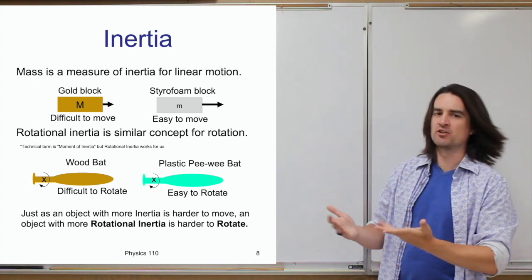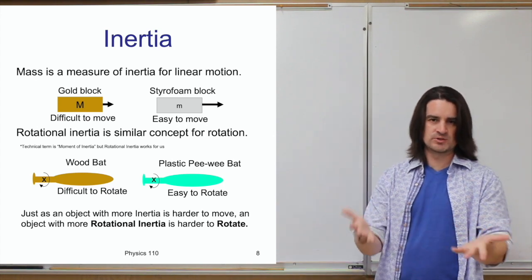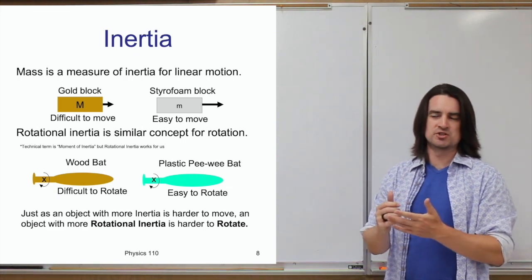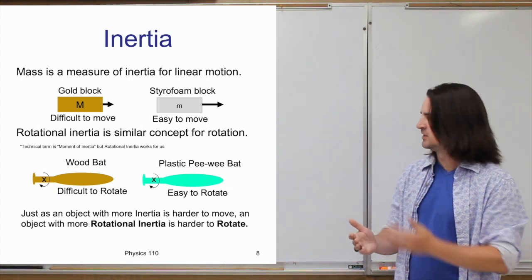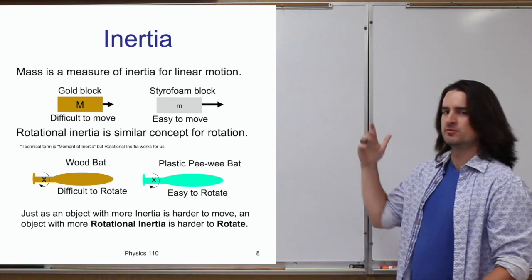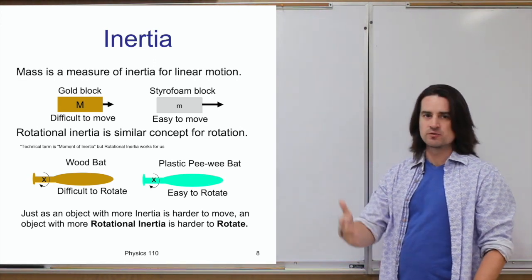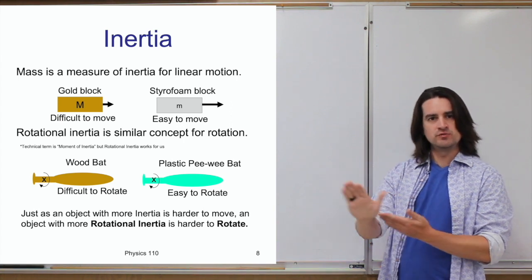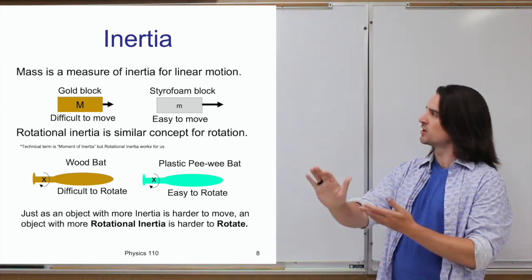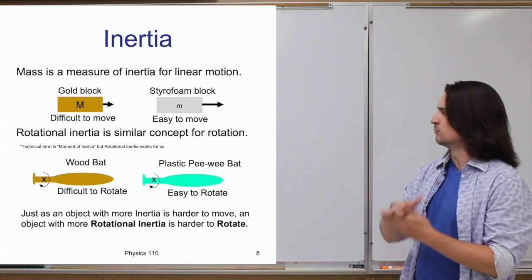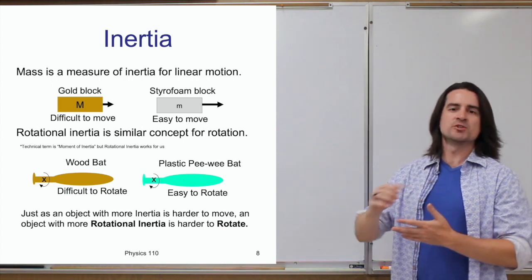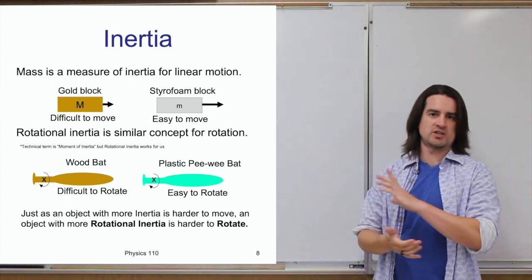And essentially we can just call this rotational inertia. So you just throw rotational in front of inertia, and there you go, we got rotational inertia. So just like regular inertia is essentially a measure of how difficult it is to get an object moving or stop it from moving, rotational inertia is a measure of how difficult it is to get an object to rotate.